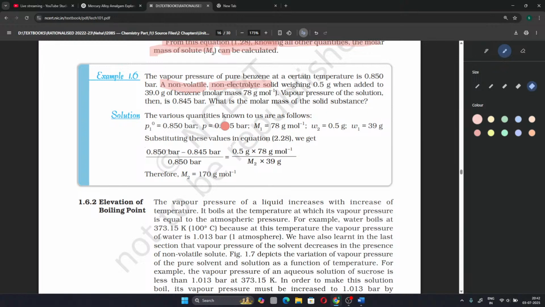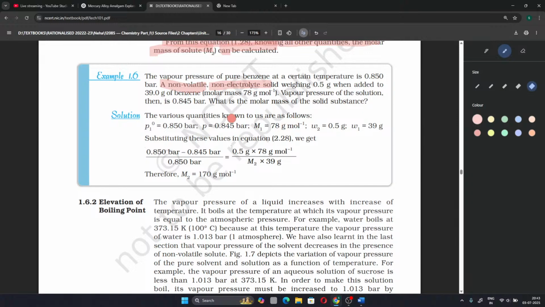So the total mole fraction changes for an electrolytic solid. That is why they specifically gave a non-electrolytic solid. For electrolytic solids, we will have a new case under the same chapter, where we are going to introduce the van 't Hoff factor.